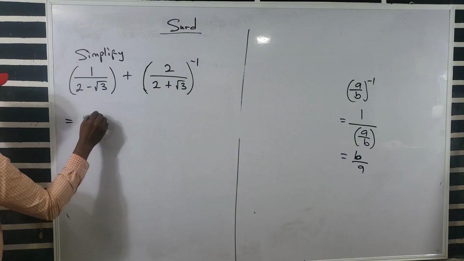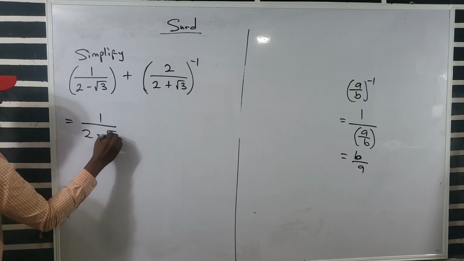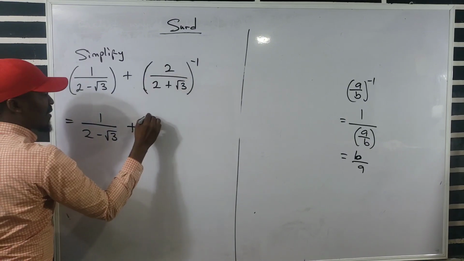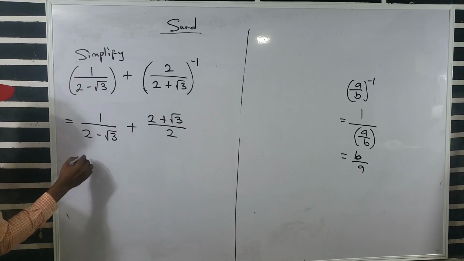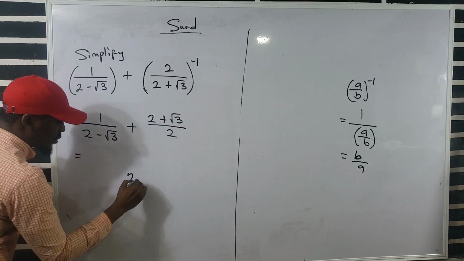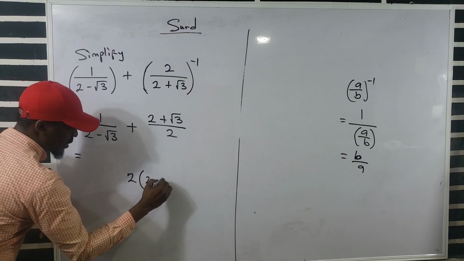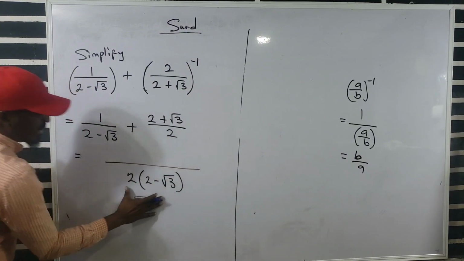So this will give us 1 over 2 minus √3 plus, this one will now give us 2 plus √3 over 2. So you take LCM between this and this, that will give us 2 into 2 minus √3. So that's our LCM.